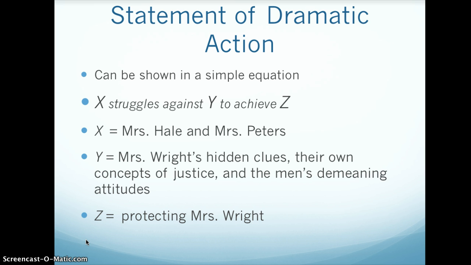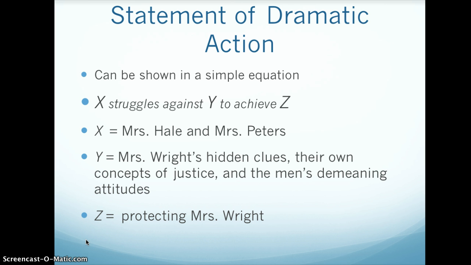So let's go back and think about it a minute. If Mrs. Hale and Mrs. Peters want justice for Mrs. Wright, the men's demeaning attitudes, first of all, are going to show them that Mrs. Wright may not fare so well in a man's world in court. It also shows them that the things that women think about that men don't think are important.